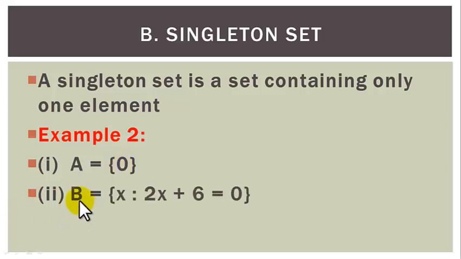The set B equal to the set of all x such that 2x plus 6 is equal to 0 is a singleton set, because there is only one number x that can satisfy this equation, and that number is minus 3, because 2 times minus 3 is minus 6, plus 6 will give us 0. So the set B contains the element minus 3. Hence, it is a singleton set.